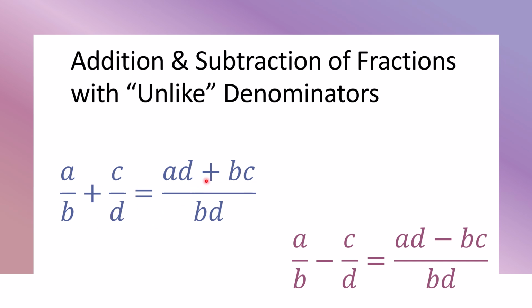What's really happening is you're saying, okay, I'm going to multiply this numerator by this denominator, and I'm going to multiply this numerator by this denominator, and then I'm going to multiply the denominators together to get a common denominator. So you're really going through the same process as you would doing this old school style, finding a common denominator, but this is more algorithmic in nature.